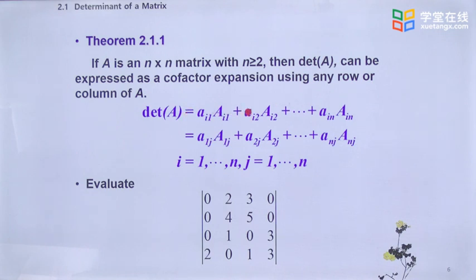Here we use the ith row cofactor expansion. And we can also use column expansion. So the determinant of A also equals a1j times its cofactor capital A1j plus a2j times its cofactor capital A2j plus ... plus anj times its cofactor capital Anj, for any i or any j.